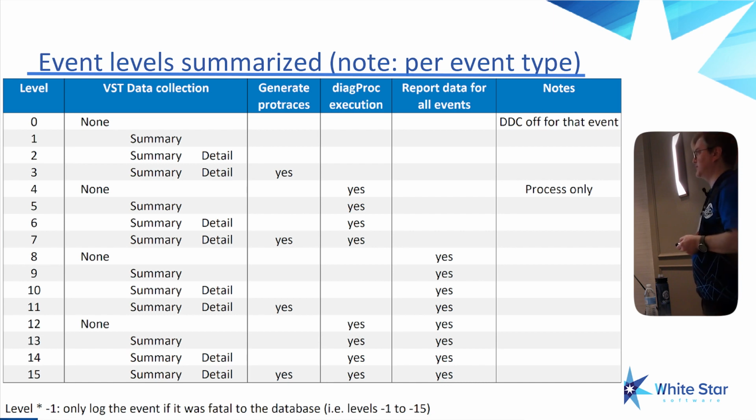You can also decide that when any one of the events fires, you want to collect the data for all 3. So half of them have that turned on and half turned off. And finally, if you specify one of these levels with a negative, that means that we're only going to capture if that event brought down the database.